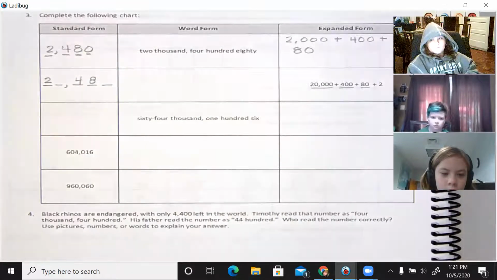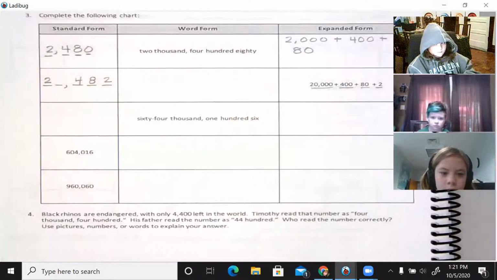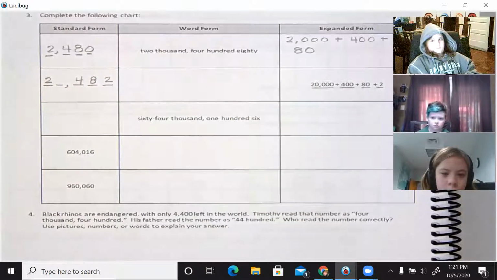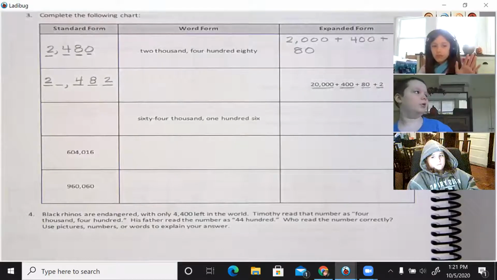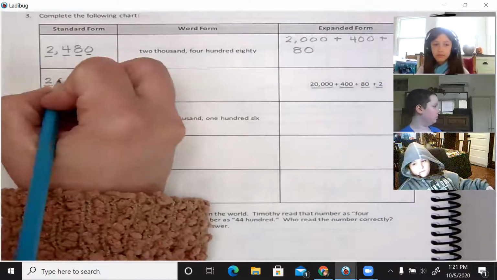So my 8 goes there. And I have 2 ones. So I put the 2 in my ones place. What should I put in the blank? What goes in my blank? Sarah? A 0. Very good.